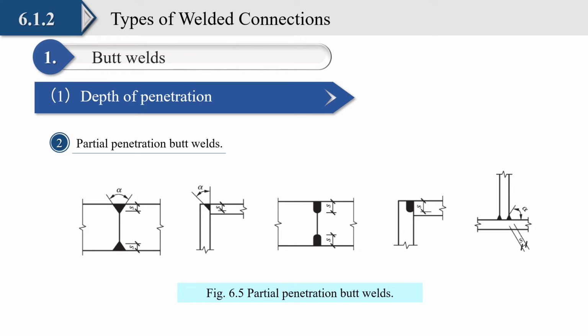Partial penetration butt welds are made to connect partial thickness of base material by filling the gap or groove between two parts. Partial penetration welds are used when load requirements do not require full penetration, or when welding must be done from one side of a joint only without the use of a backing bar.